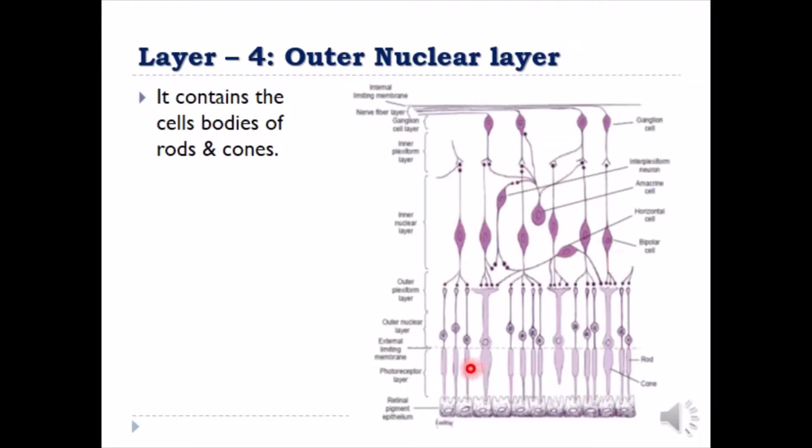So the outer nuclear layer includes the nucleus of photoreceptor cells. So it is easy to remember: the nucleus of photoreceptor cells is known as the outer nuclear layer. Of course, it contains the cell bodies and nuclei of rods and cones. So that is the outer nuclear layer.